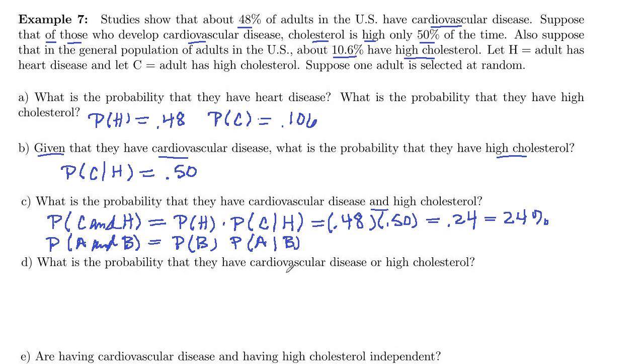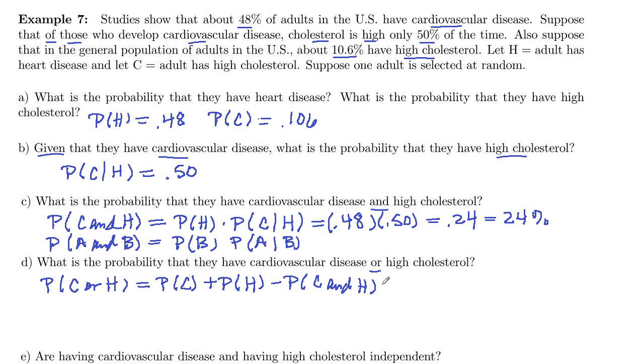What's the probability that they have cardiovascular disease or high cholesterol? So that's asking, what is the probability of C or H? So that is the addition rule. So we're going to add the probability of C plus the probability of H. And then remember, we have to subtract out the overlap probability. So it's probability of C and H, which we just figured.